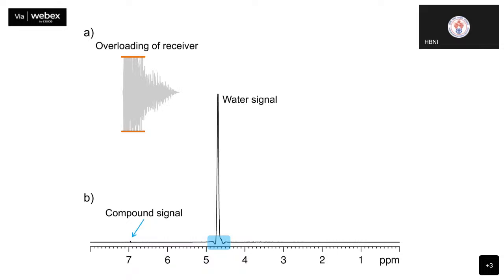So the first problem is that you have to have a signal ratio which is less than what can be represented in the digitizer. Secondly, you cannot adjust the gain of your receiver so much that it will overload the ADC, overload the receiver. When you do this, you generate distortions of your signal.